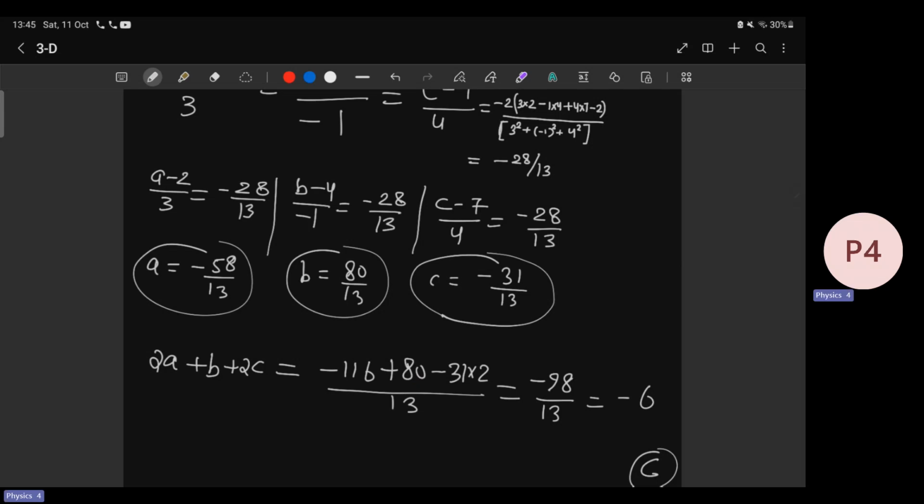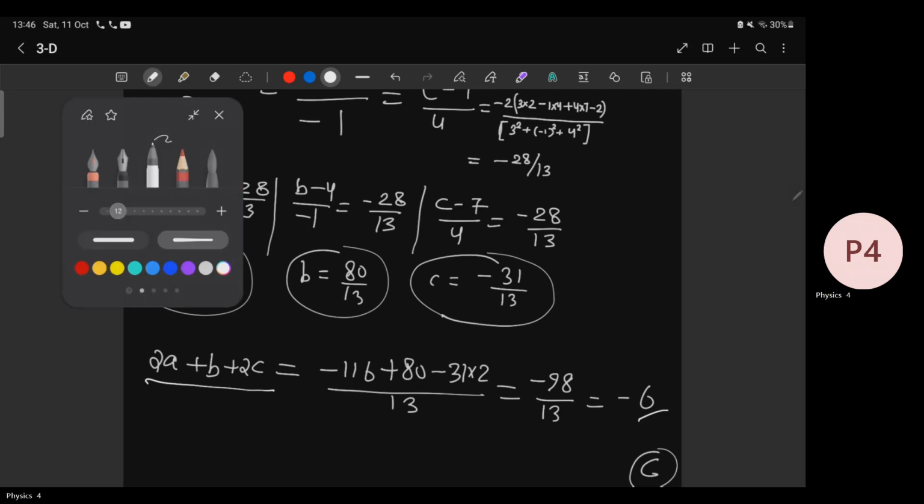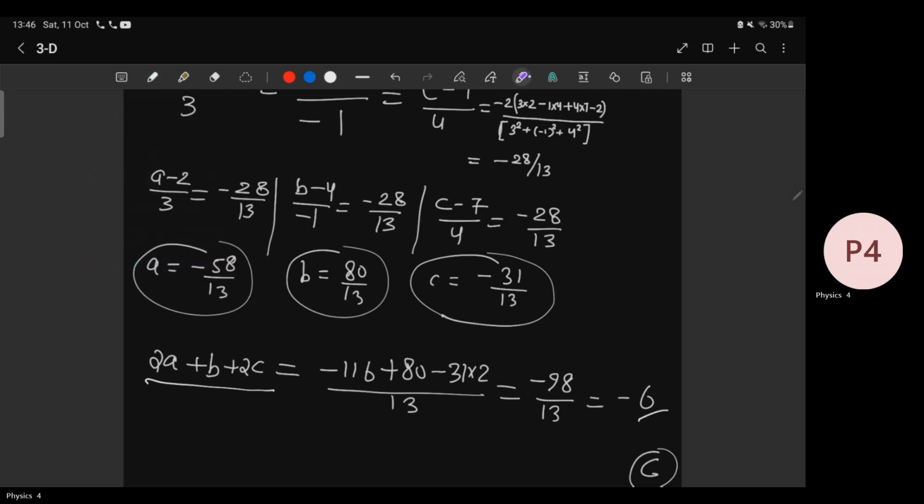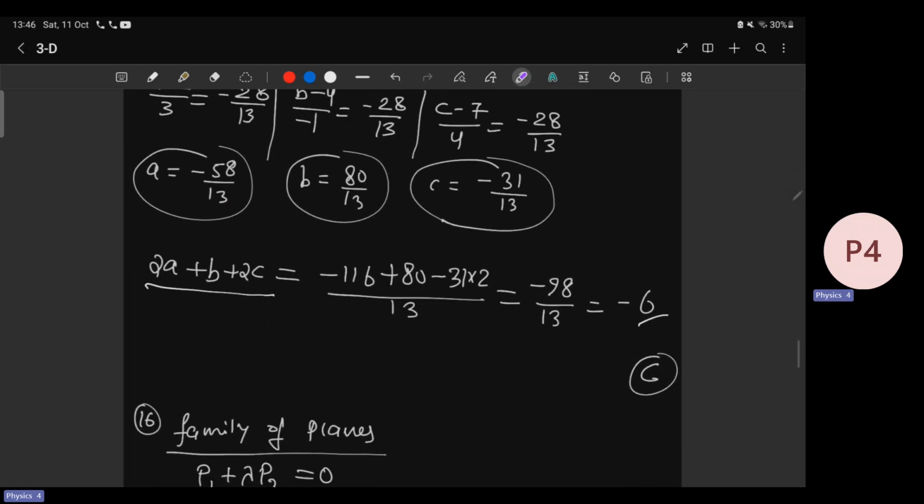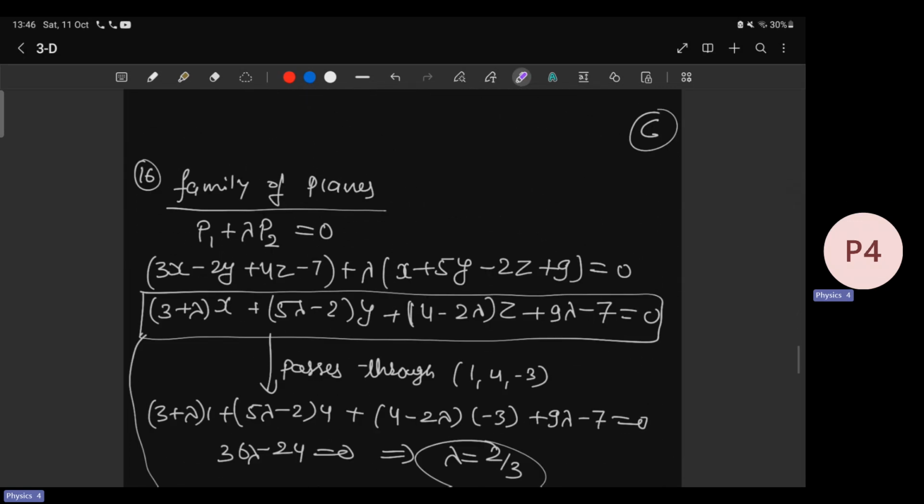I hope this is clear. So we had to find out the value of 2A plus B plus 2C, which is equal to -6. All right. Now we move on to the next question, that is question number 16.